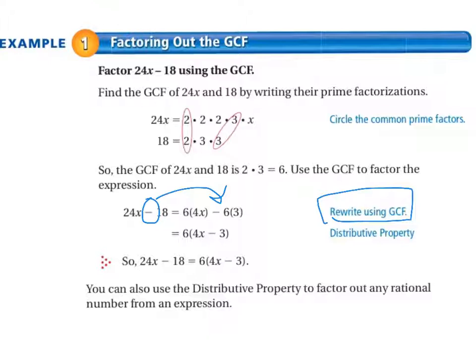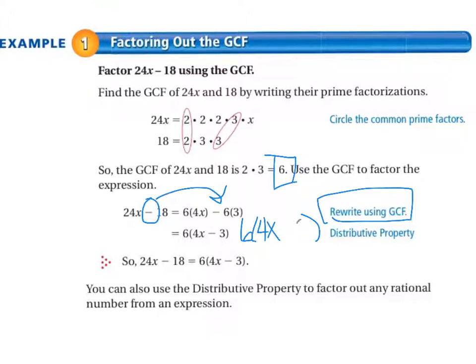So the way I generally teach this, which is a little less cumbersome, is you know that their greatest common factor is 6, so you take a 6 and you park that outside a set of parentheses, and you go 6 times what is 24x? Well, I know that that's 6 times 4x. And 6 times what is 18?